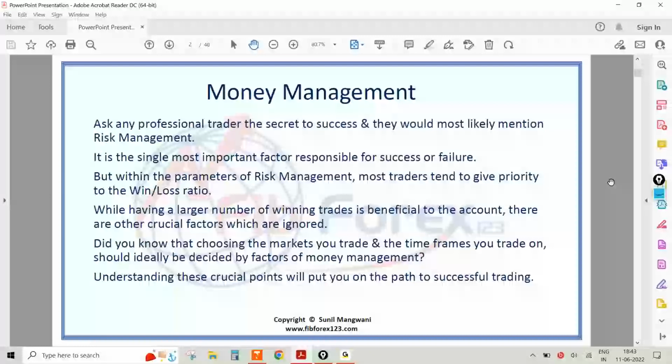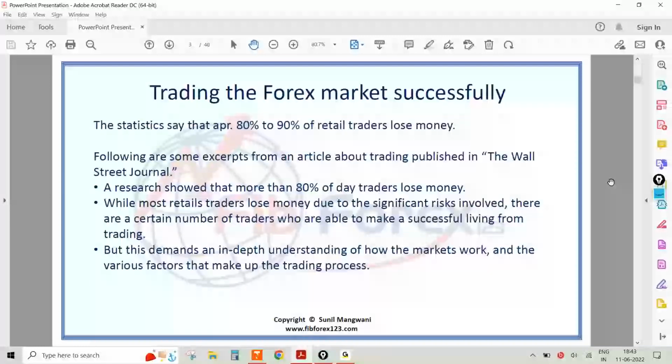And depending on the time that I want to give to the markets, I decide that I want to trade on this time frame. But ideally, when my risk management policies are in place, these policies that we'll go over should decide what instrument you should be trading and what time frame you should be trading. A very, very important part of what you're doing.